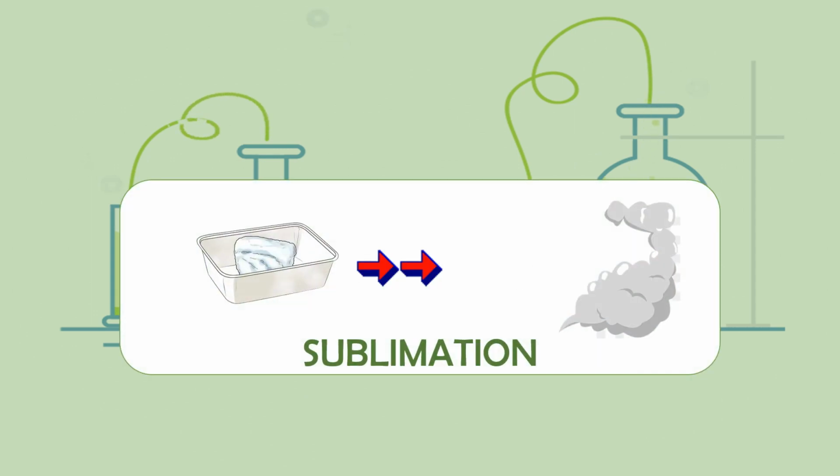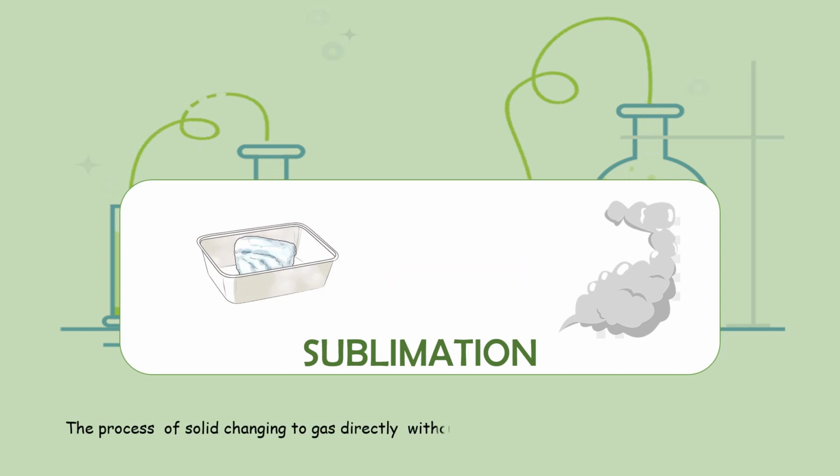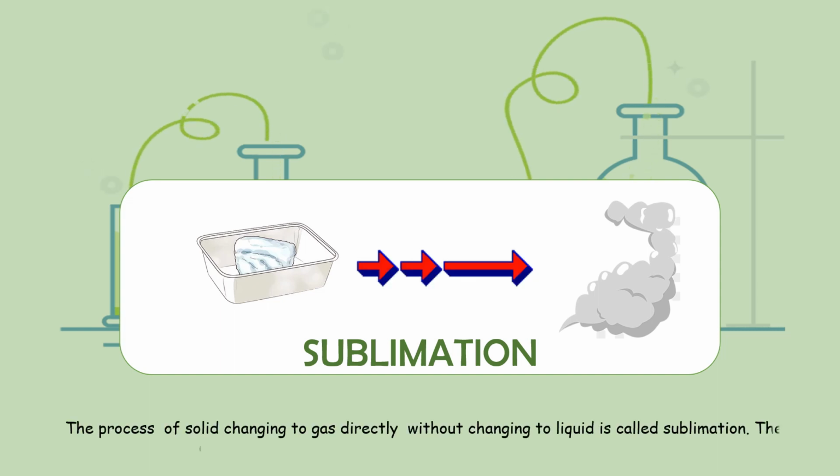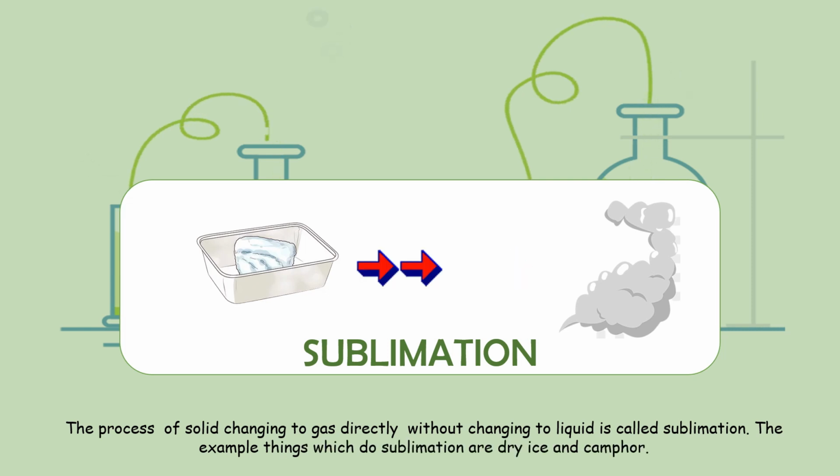From solid to gas, we call it sublimation. The process of solid changing to gas directly without changing to liquid is called sublimation. Examples of things that sublimate are dry ice and camphor.